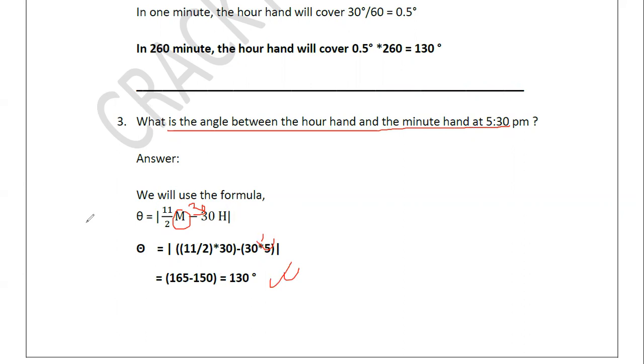Always take a positive value of this. Since this is within a mod, you have to get a positive value of theta. If this doesn't come out positive, you can just do 30h minus 11 by 2m, and that way you'll get a positive value.